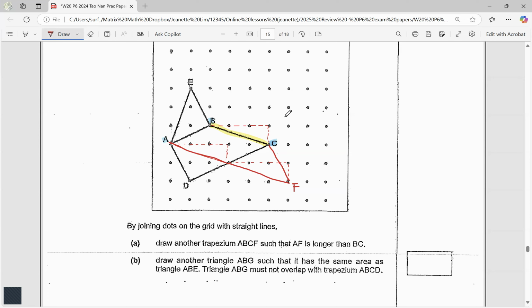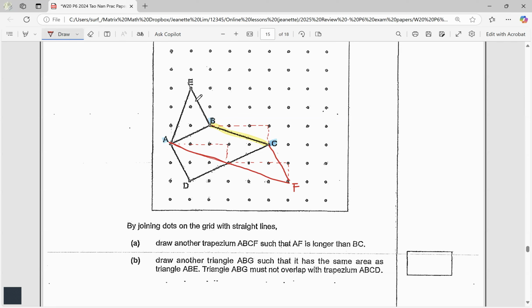This is your trapezium. Then for part B, draw another triangle ABG such that it has the same area as triangle ABE. ABG must not overlap trapezium ABCD. So the triangle ABE is here. We are drawing another triangle on that same side. Don't make it come down because it will overlap. Same area means same base, same height.